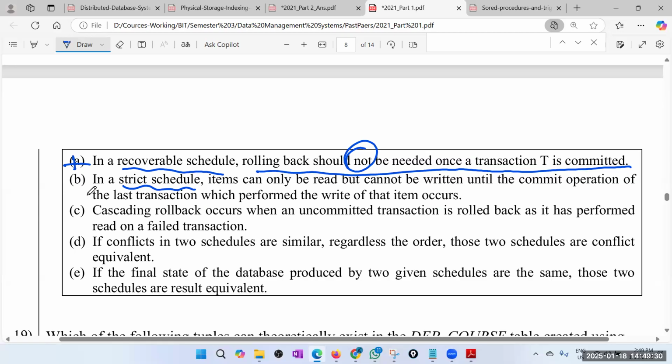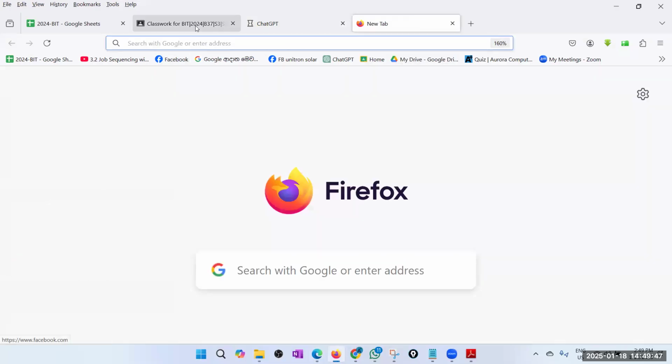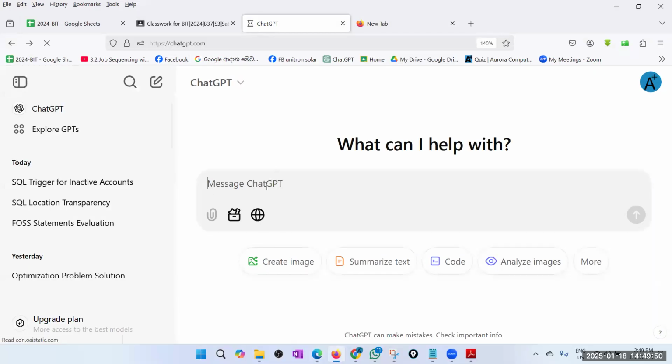There was something called strict schedule. In strict schedule, there are actually two things: strict and strong strict. Okay. I can't remember the exact explanation because this is not in your new syllabus.